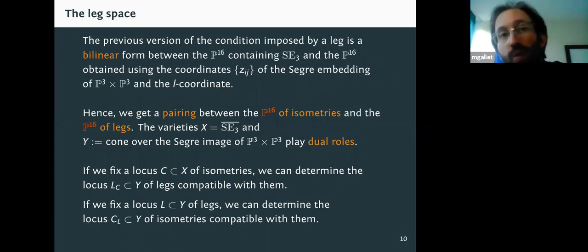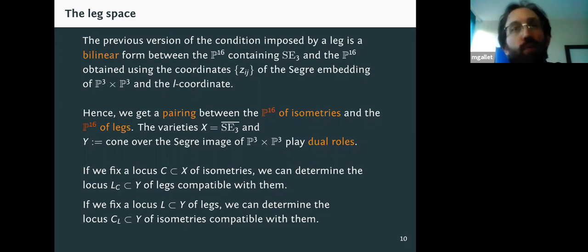Because this condition allows us to define a duality between two projective spaces. One is the projective space that we already encountered, namely the P16, where the group of isometries lies, okay? And then we have the P16 whose coordinates are L and Zij, okay? And in this P16, there is a variety which parameterizes all possible legs, okay?